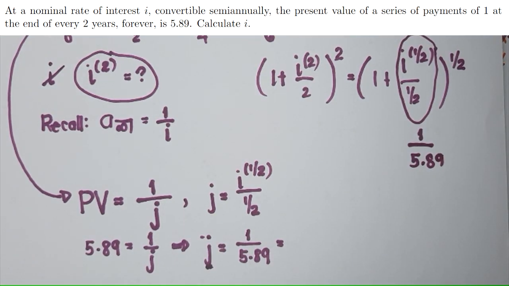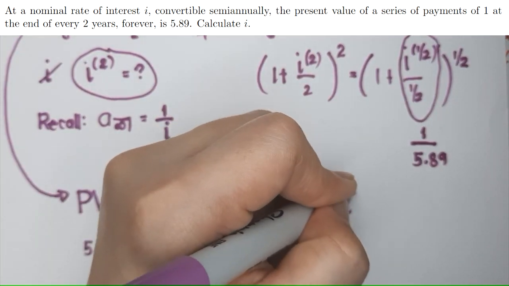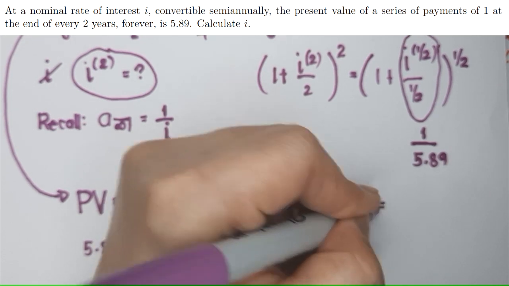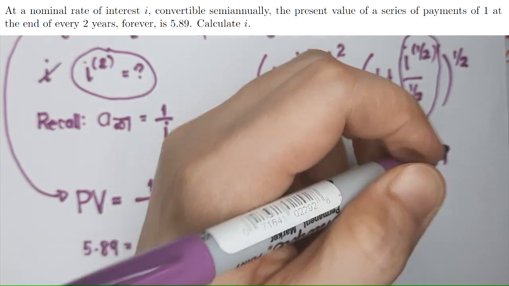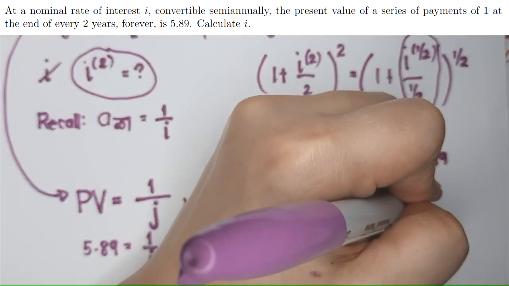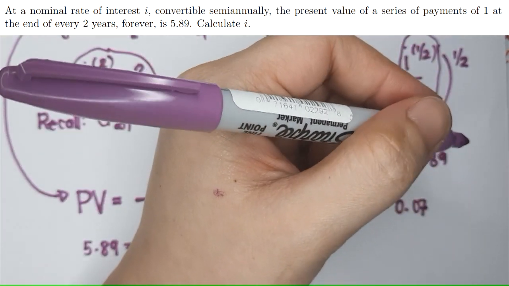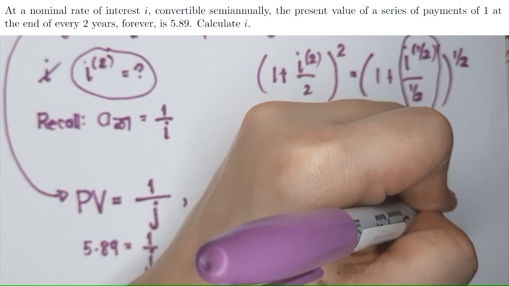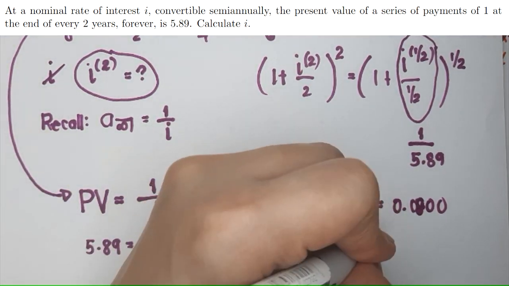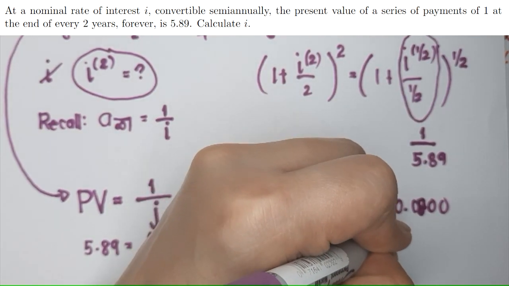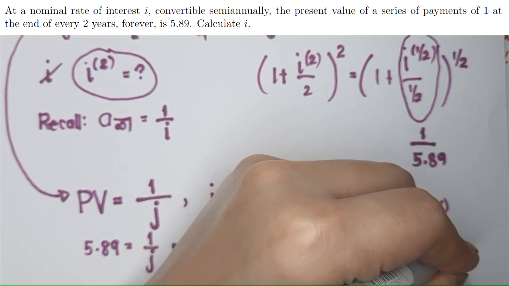And then, using your calculator, please find the value of i upper 2. Using 4 decimal places, you should get 0.0800. What you actually get is 0.079964762.